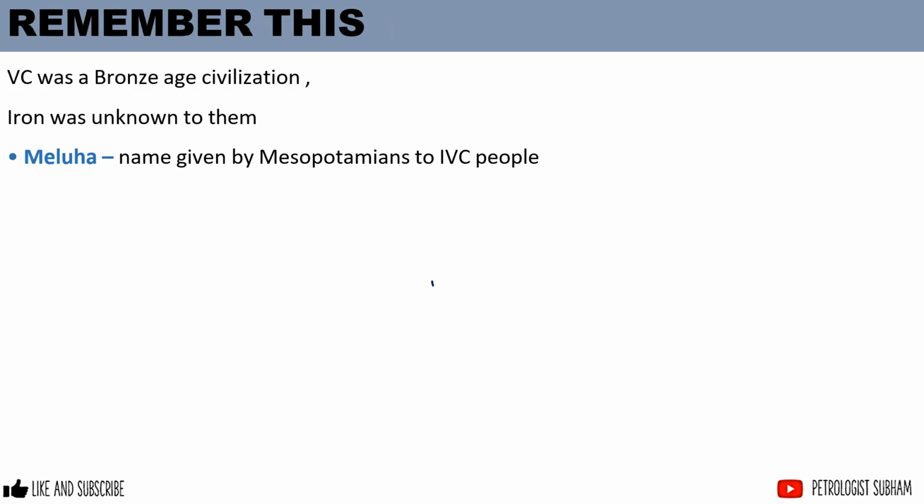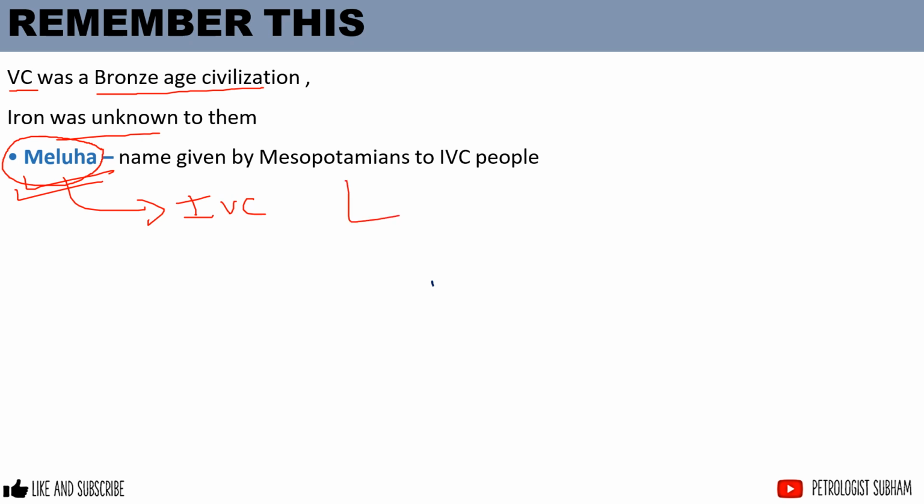Again, just point it out and remember that the Indus Valley Civilization was a Bronze Age civilization. Iron was unknown to them. One of the most important questions asked is that the people of Mesopotamia used to address the people of the IVC as Meluha. Who used to address them? The Mesopotamians, that is today's Iraq.